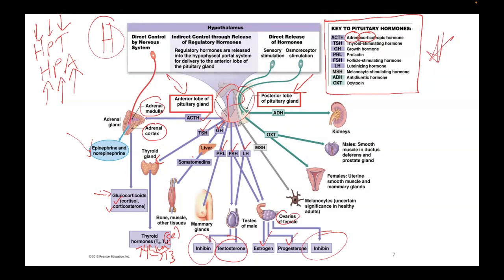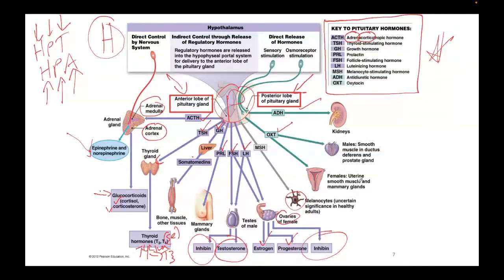Okay. There's also melanocyte stimulating hormone, MSH, melanocyte from mela. So it's involved in skin pigmentation to a certain degree. Then you have the posterior pituitary that we said releases antidiuretic hormone and oxytocin.